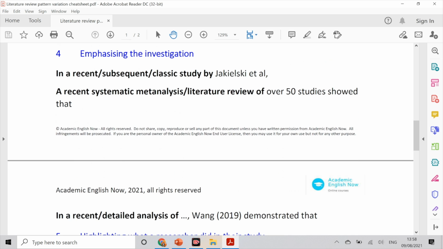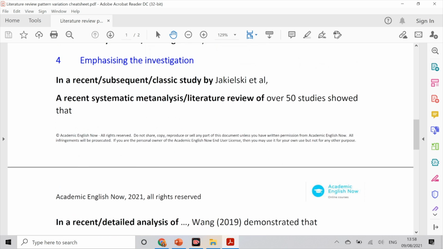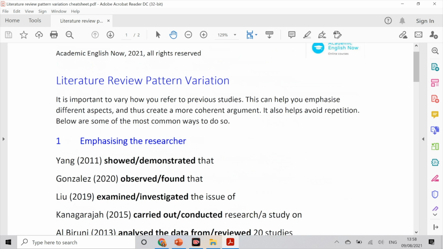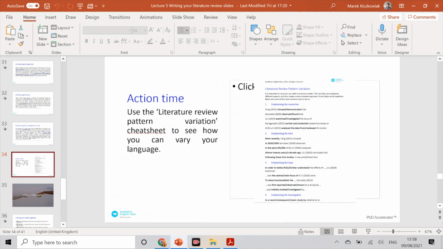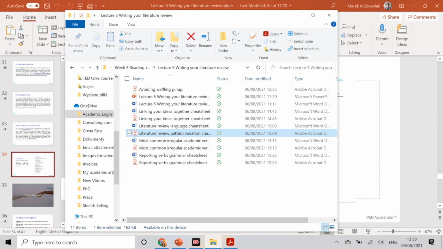I'm emphasizing the investigation or that particular study because it's a very important study, and I need to point that out. And the whole organization of my paragraph is around that important study. So always keep the pyramid apex in mind as you're doing it. Always, always, always, right? So that's how this is done.